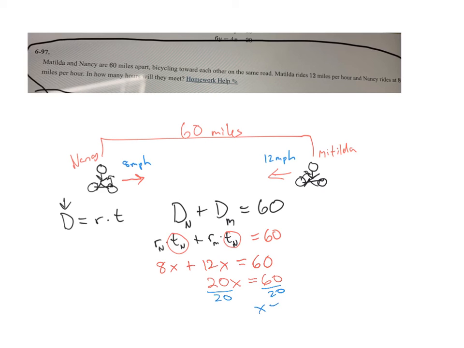And so we get x, which represents the time that they were on their bikes for, equals 3. And always remember, they're going miles per hour. And because we're looking at how many hours, this is 3 hours. So after 3 hours, they would have met.